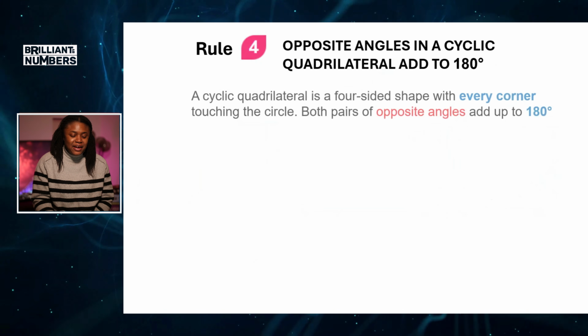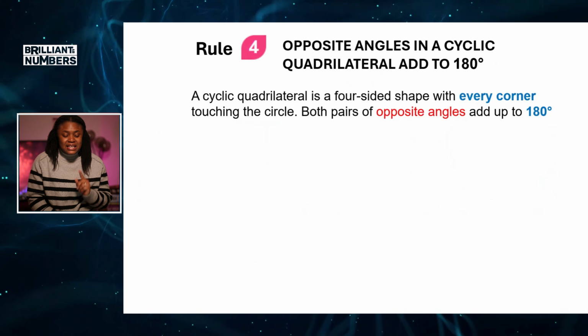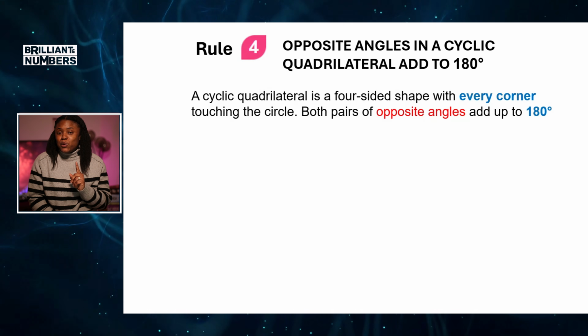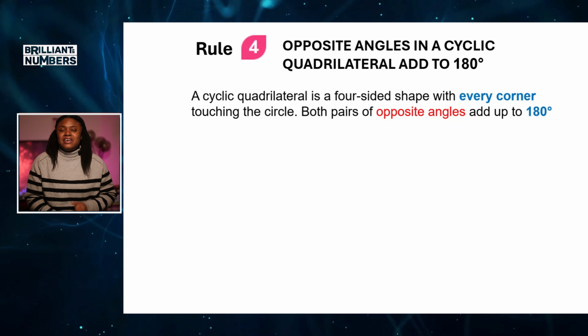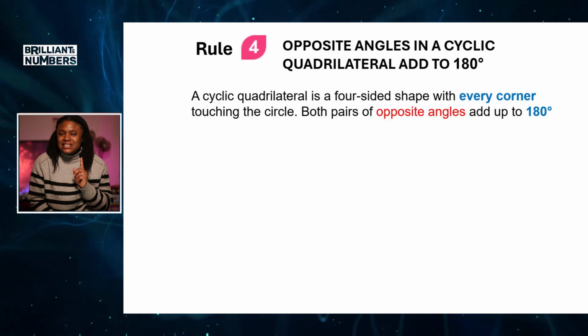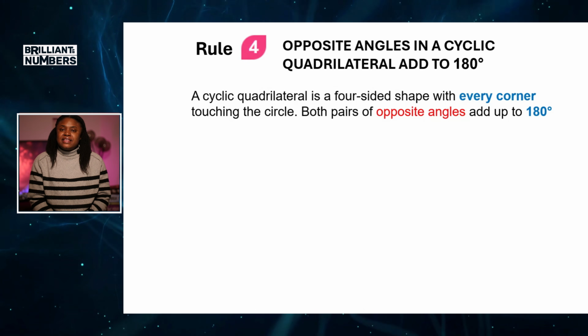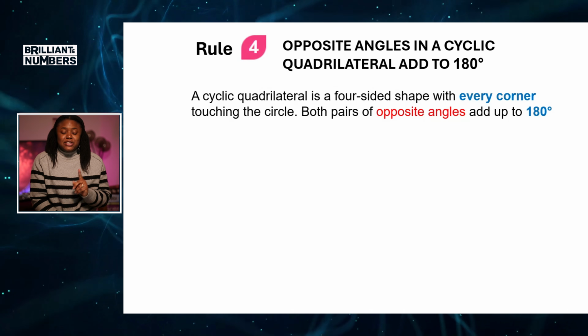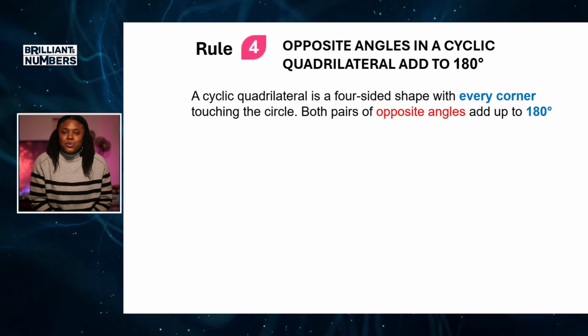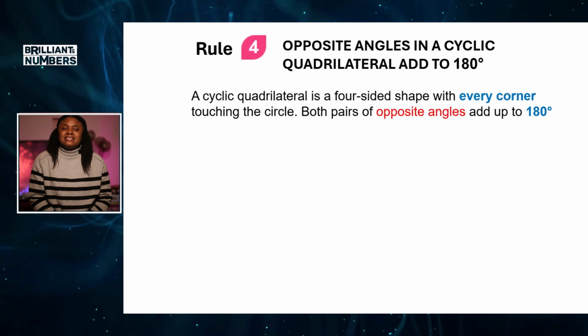Key point here, a cyclic quadrilateral is a 4-sided shape. The important part I've highlighted here is that every single corner of this quadrilateral has to touch the circle for this theorem to be applied. When that happens, the opposite pairs of angles will always add to 180 degrees.